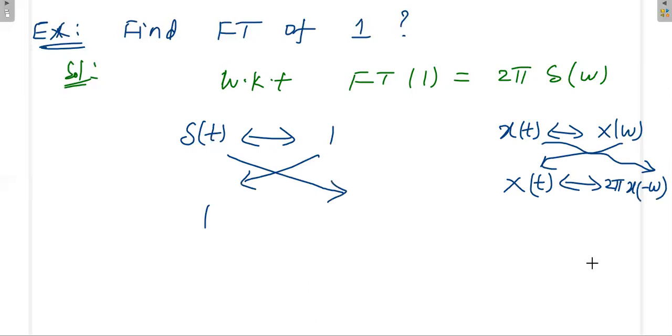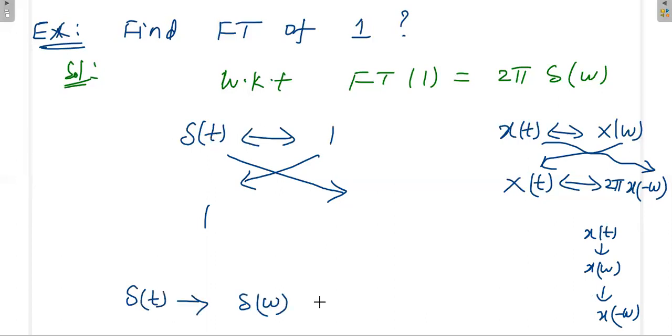First of all, x of omega, so I have to replace t with omega. Then instead of omega, I have to apply minus omega. So what is the concept? From x of t, you go to x of omega, then from x of omega, you write x of minus omega. If you apply those changes here, del t goes to del omega, that is x of omega, then x of minus omega, that is del of minus omega, is the answer.